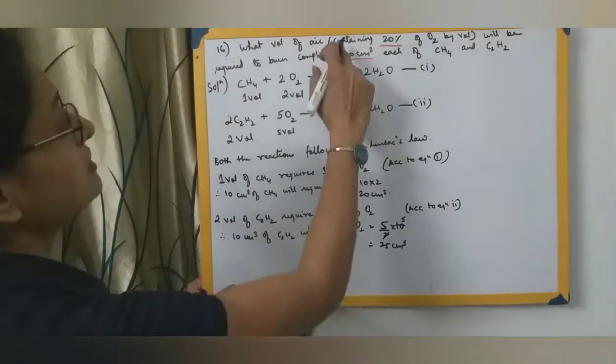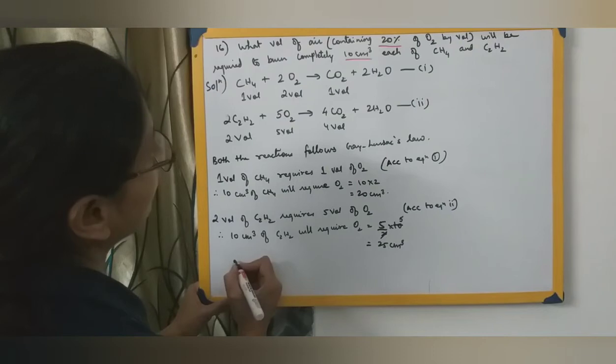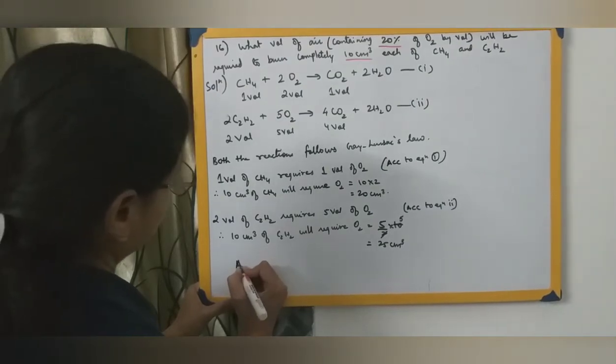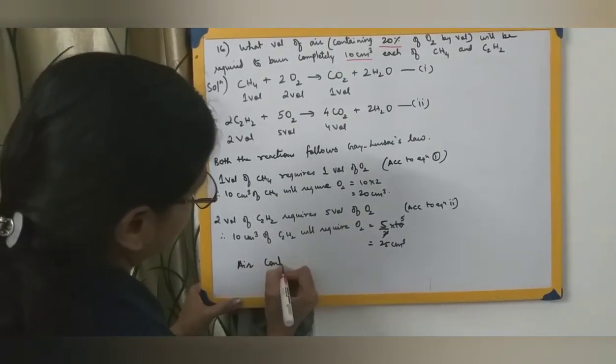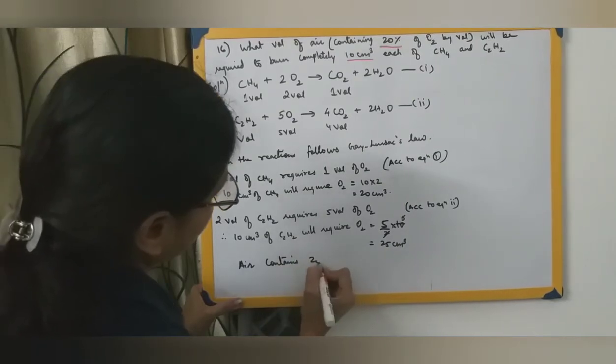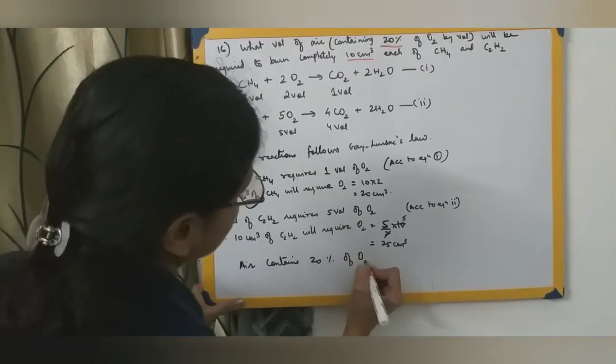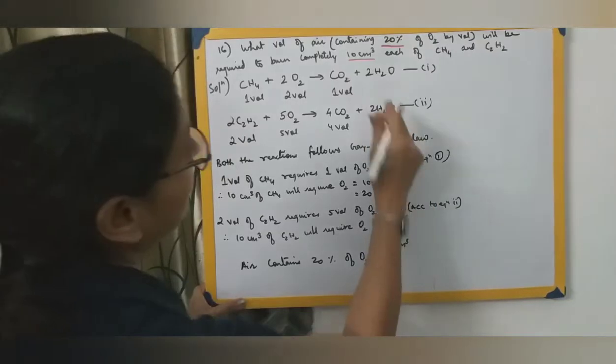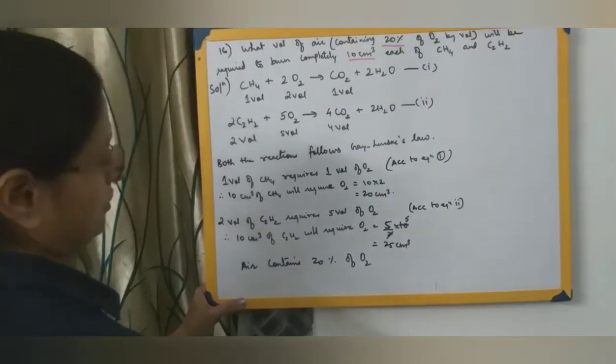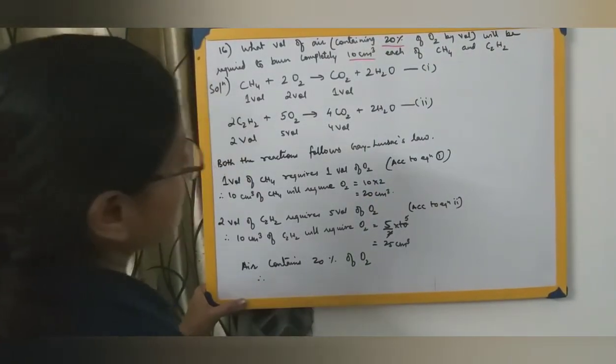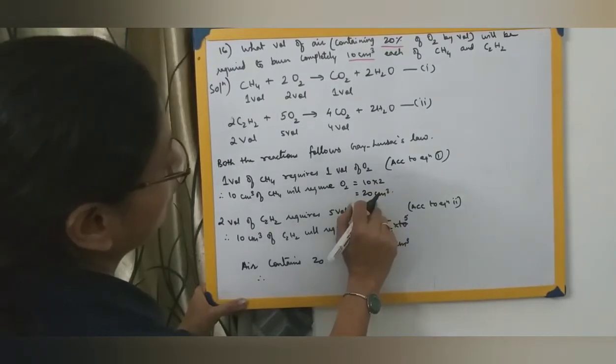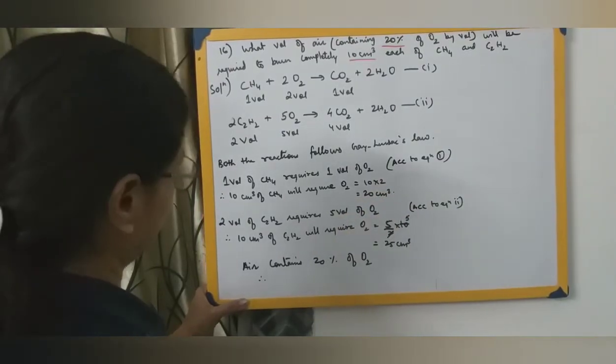Now, this air contains 20% of oxygen. Therefore, this 20 cubic centimeter of oxygen will be present in how much volume of air?